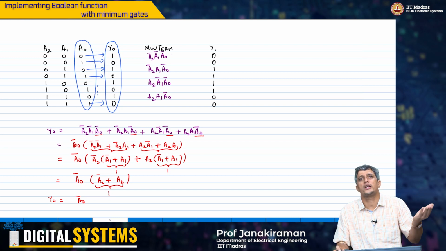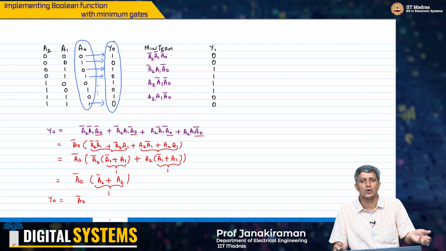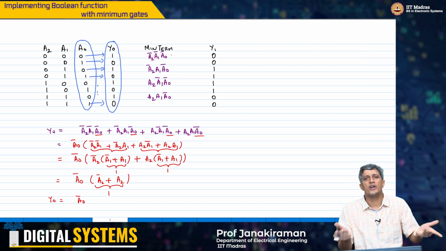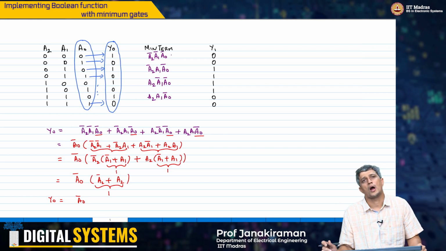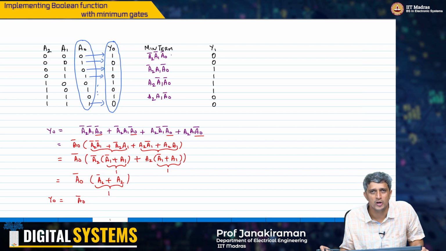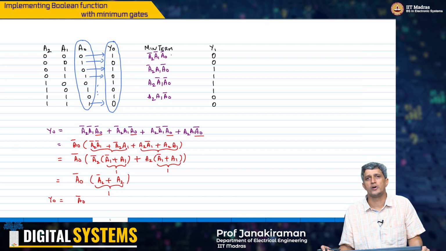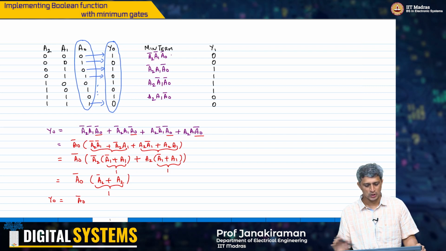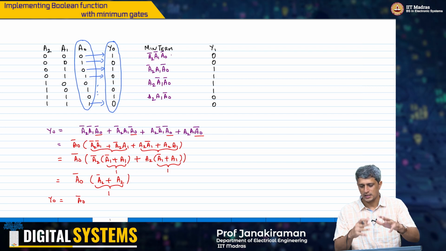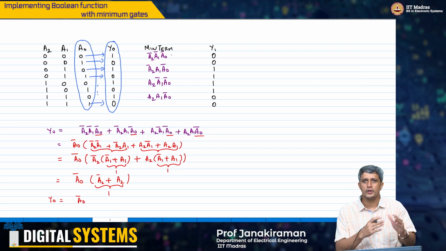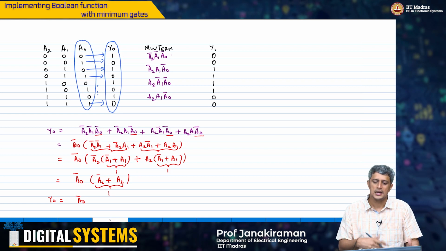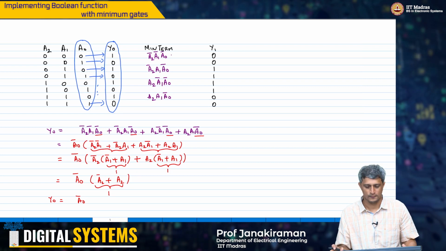It cannot depend on A1 or A2. Whatever the value 0 or 1 for A1 and A2, it's very evident that your output Y0 is simply going to be a logical inversion of the input A0. So this comes out both from the formal Boolean simplification, sum of products terms, and also by inspection.